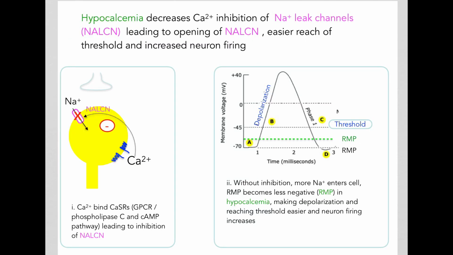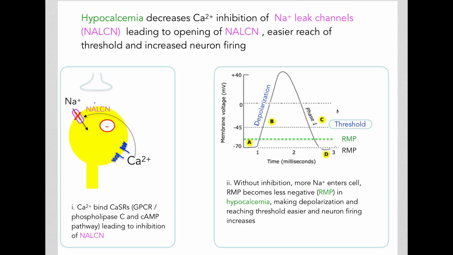Recall from a previous video that calcium, serum calcium or extracellular calcium, binds calcium sensing receptors on neurons, and this binding leads to signaling pathways, and one of the effects of these signaling pathways is an inhibition of these transport proteins called sodium leak channels, NALCN.